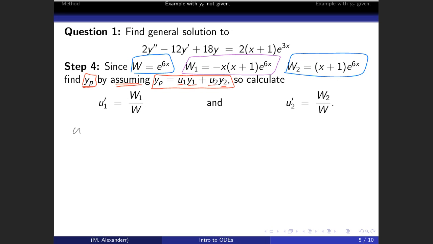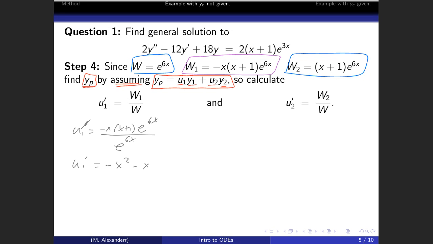So the u1 prime is the w1 function, which is negative x plus 1 e to the 6x divided by the w function, which is the Wronskian, which is e to the 6x. So now the e to the 6x cancels out. So that means the u1 prime is equal to just simply negative x squared minus x.